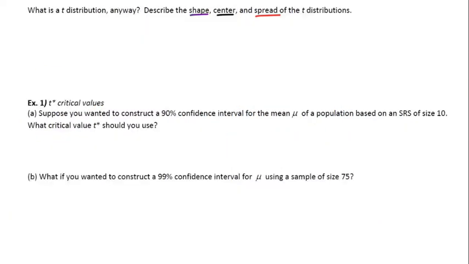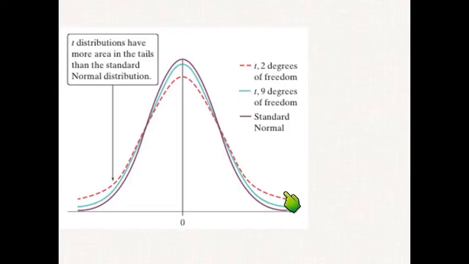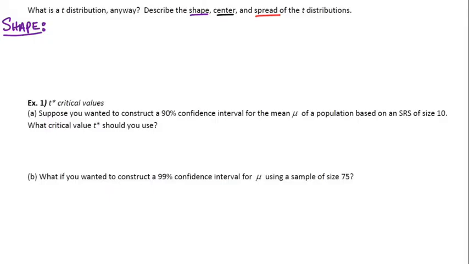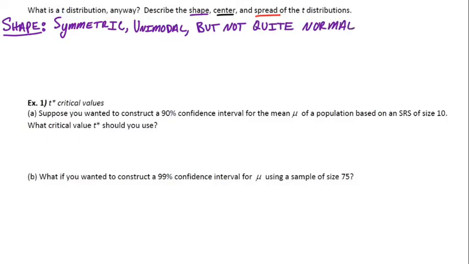But for now, let's talk more about the t-distribution itself. We've already looked at the graph. Let's talk about the shape, center, and spread of the t-distributions. And notice that's plural because there are different distributions based on the degrees of freedom, which depends on the sample size. So the shape, it looks a lot like the normal curve in the fact that it's symmetric, it's unimodal, meaning it just has one hill. But it's not quite the normal curve.